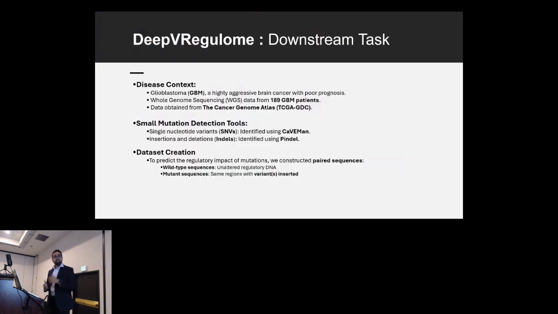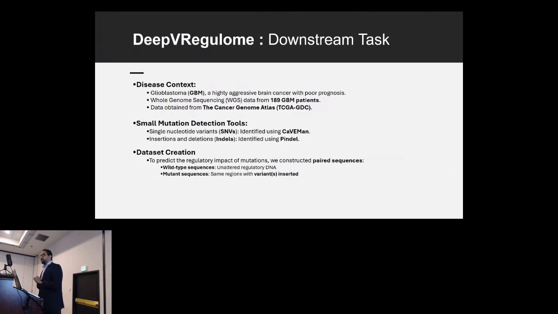The next thing is the downstream task. Once we get all those 700 models, next comes our downstream task. Here our downstream task is predicting variant effects in regulatory regions. Right now, we have only applied it to GBM cancer patients.